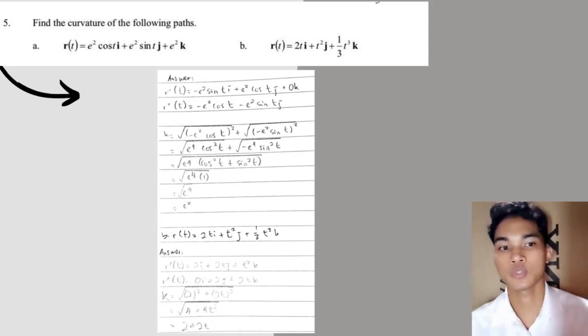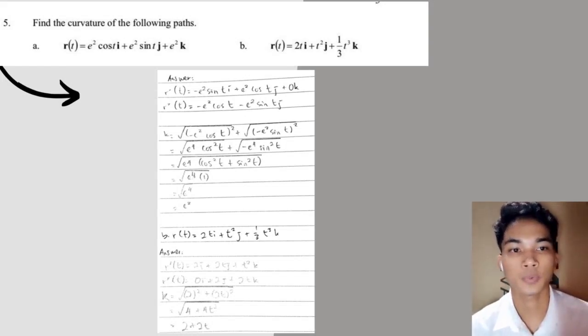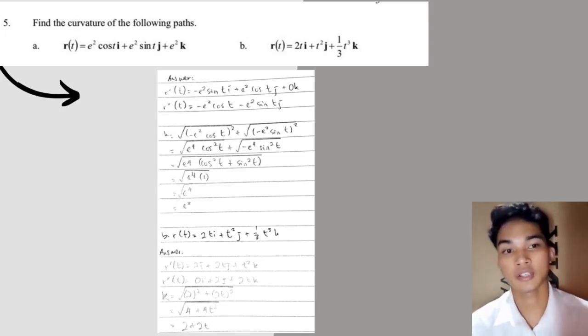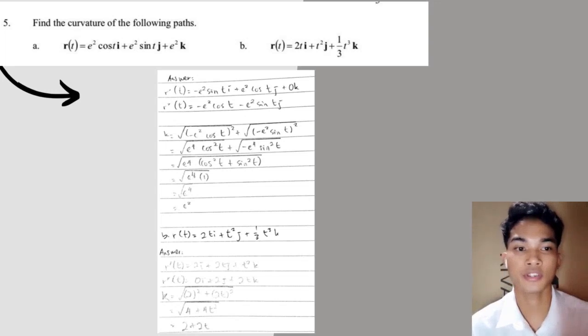The answer is we differentiate the equation. It will become −e^(t²) sin t i + e^(t²) cos t j + 0k. Then we differentiate it again. We will get −e^(t²) cos t i − e^(t²) sin t j.